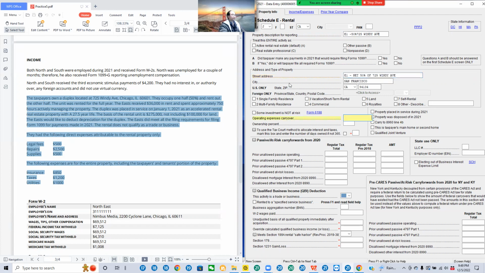It's a multi-unit family residence, and they happen to use half of it. Okay.